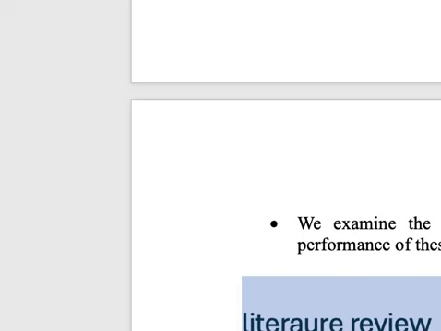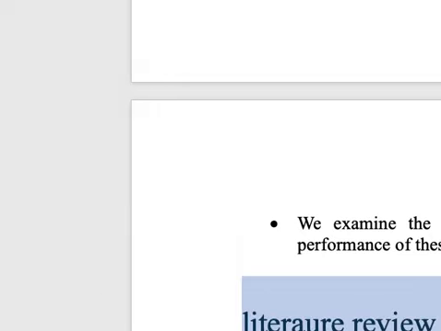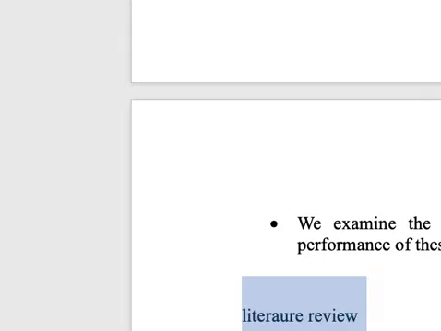You format that as a heading by selecting the particular heading. Change the font type. It's now Times New Roman. Change the font size. It's 12. Change the font color to black. Make it bold. So there is your literature review.